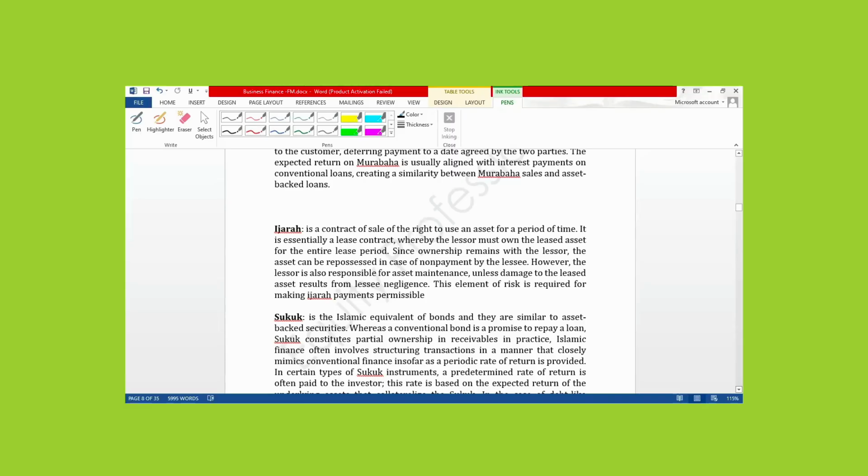A contract of sale of the rights to use an asset for a period of time. This is essentially a lease contract whereby the lessor must own the lease asset for the entire lease period.